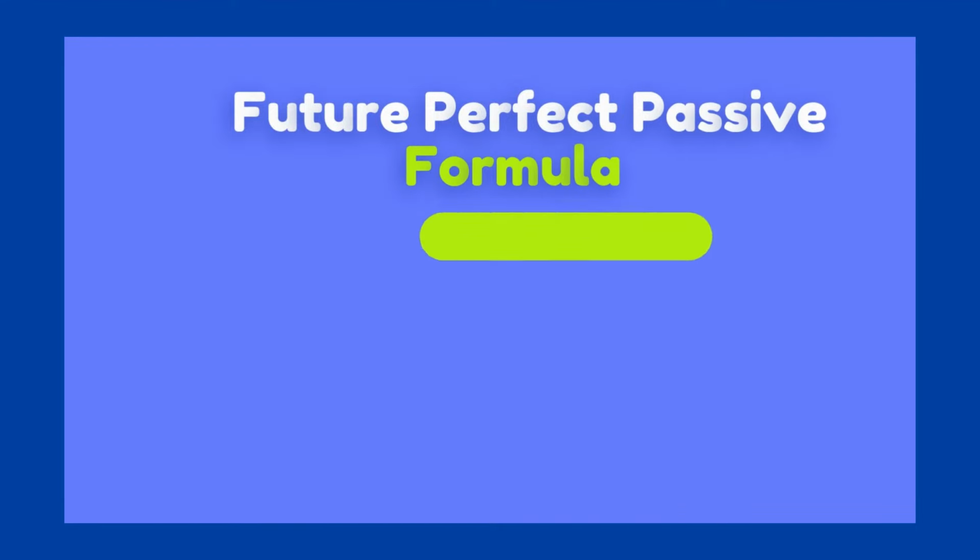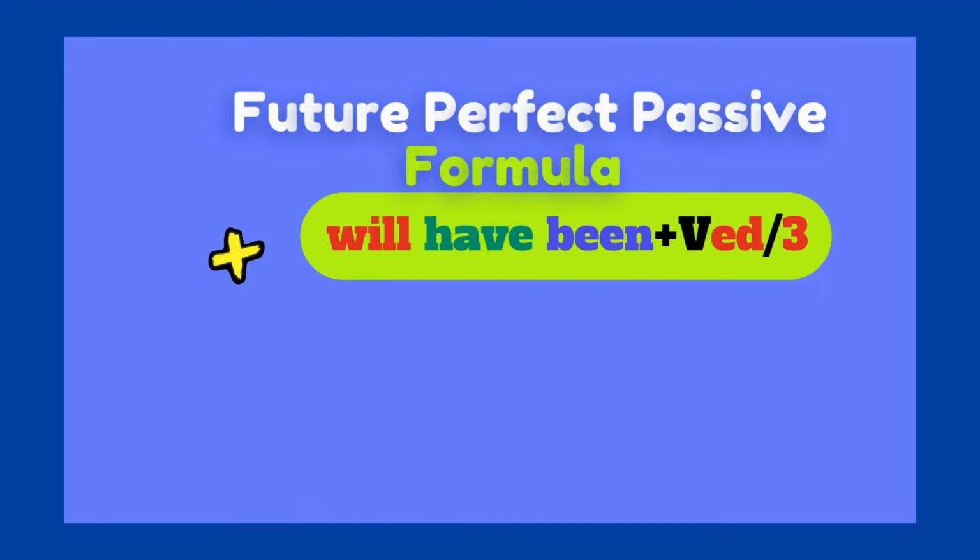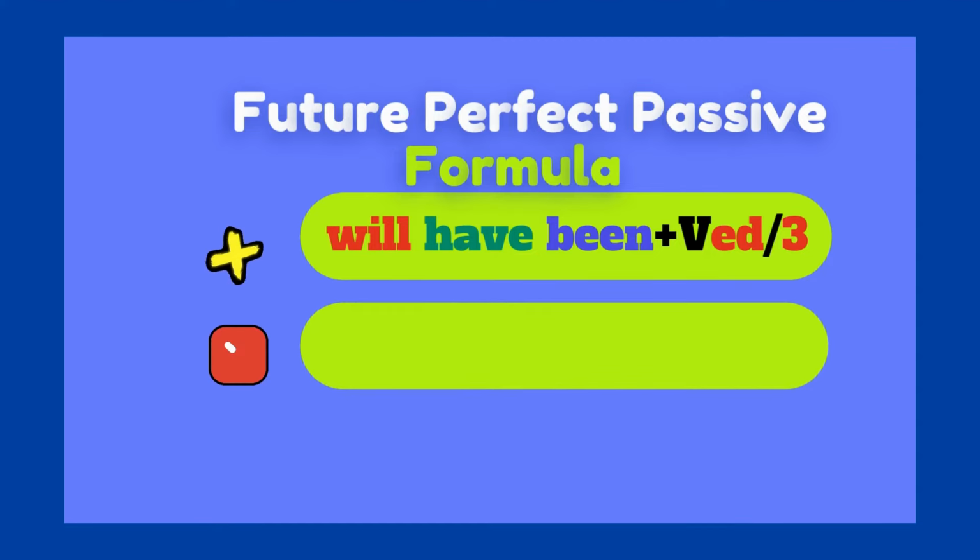Future perfect passive. In affirmative sentences we use will, then have, then been, plus the verb with the ending ed or in the third form of irregular verbs.